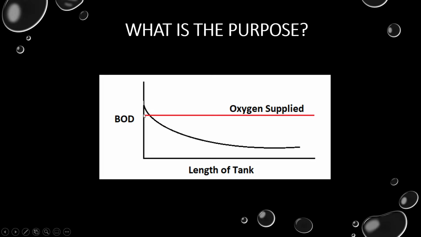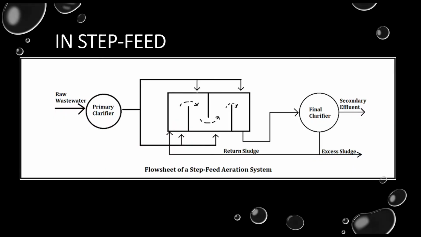Makikita natin dito na ang oxygen demand ay mas mataas pa sa oxygen supplied at the inlet, which is ayaw natin. Kaya ating minomodify para maagapan ang problema na ito. At ito nga ay ang step feed aeration. Now, step feed aeration process is used to provide a more uniform distribution of oxygen demand throughout the aeration tank. How?